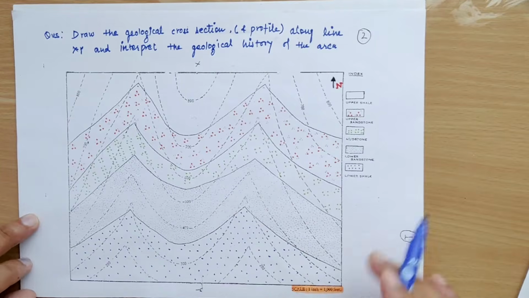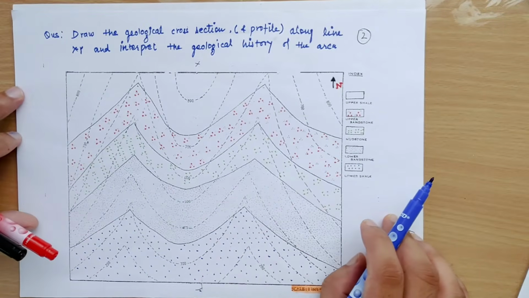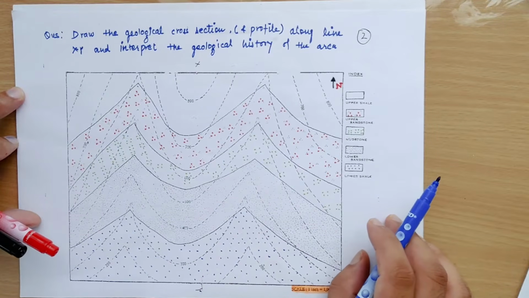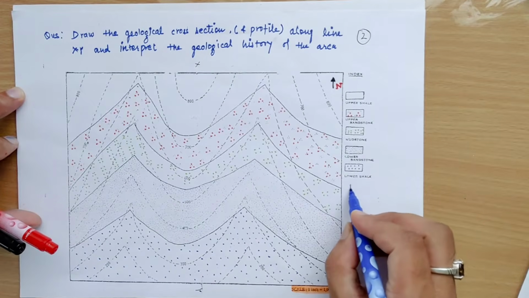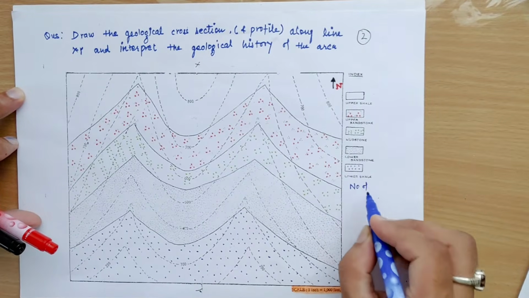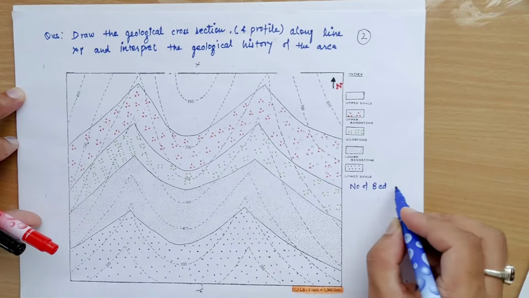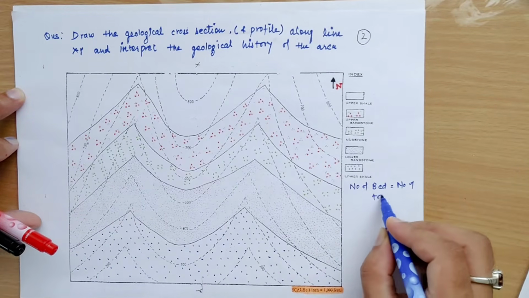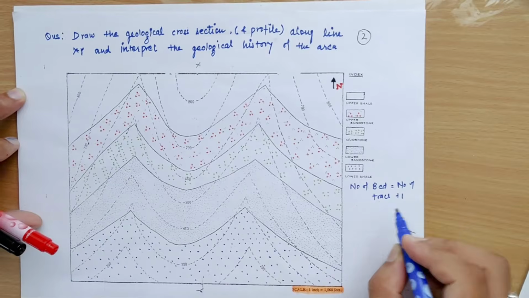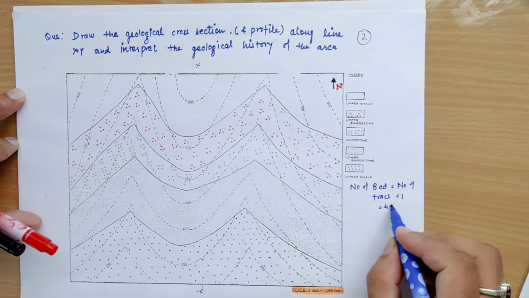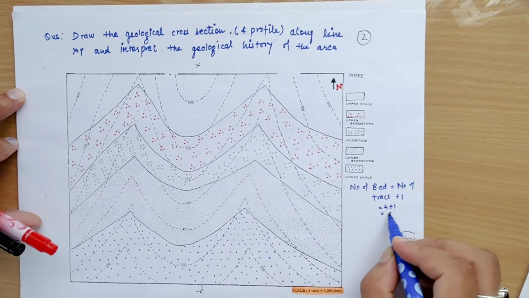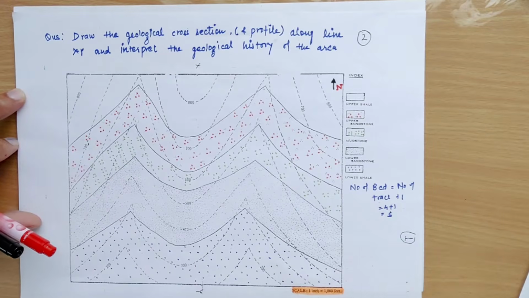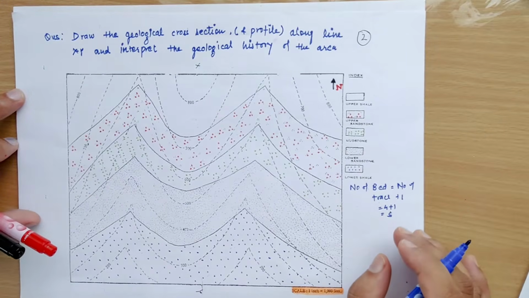So we can calculate the number of beds in this map. The number of beds is given by the number of traces plus 1, that is 4 plus 1 equals 5. So here we have 5 beds.